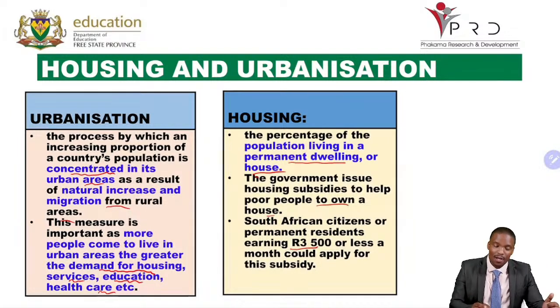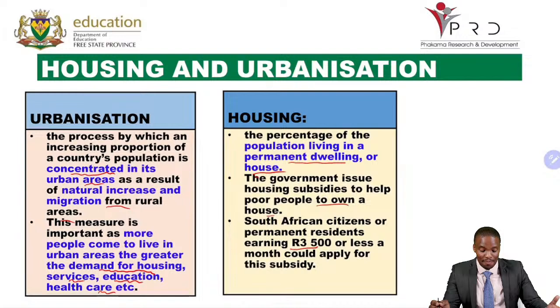Any person who's earning 3,500 or less can get a housing subsidy. Those who are not employed at all get what we call free housing through the program called the Reconstruction and Development Program.